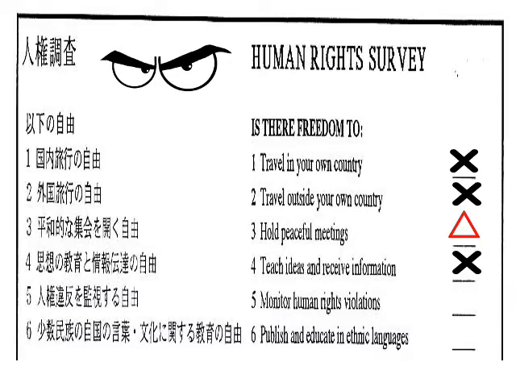Interesting. Is there freedom to monitor human rights violations? In some cases difficult. Every week, every month in the newspaper, you find examples of Japanese refugees who suddenly died in prison and no one was monitoring their situation. Is there freedom to publish and educate in ethnic languages? Ainu? I don't know, okay?